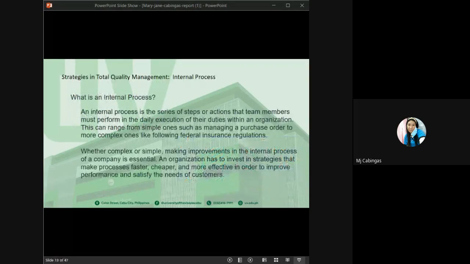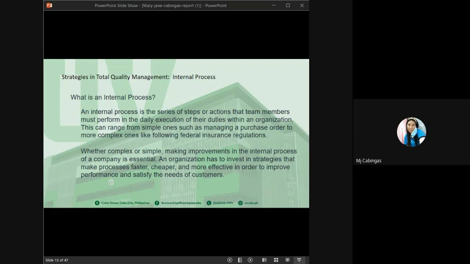So what is an internal process? An internal process is a series of steps or actions that team members must perform in the daily execution of their duties within an organization. This can range from simple ones such as managing a purchase order to more complex ones like following federal insurance regulations.